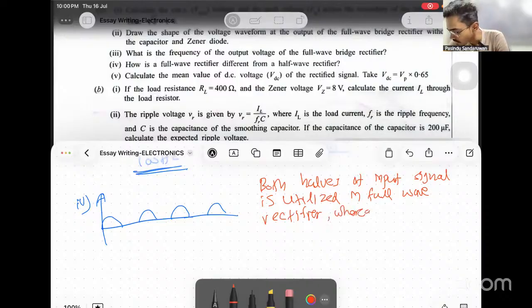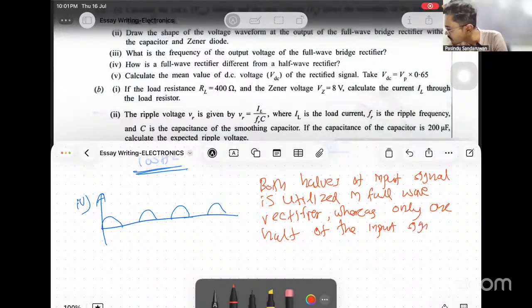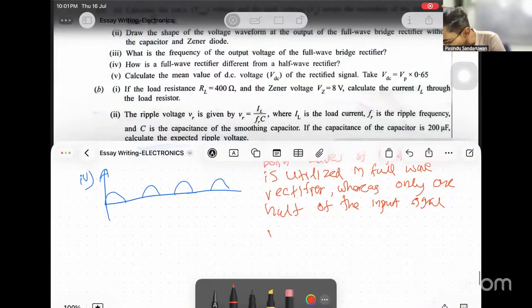Whereas only one half of the input signal is utilized in half wave rectifier.